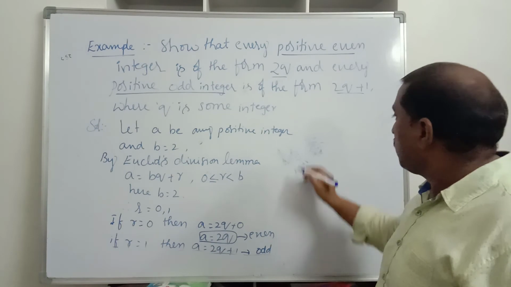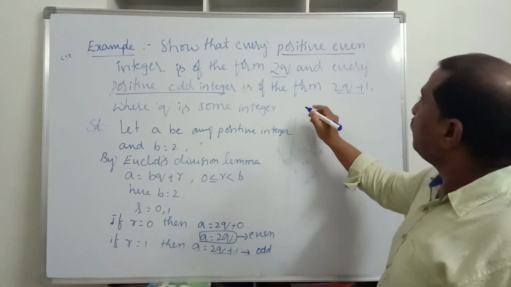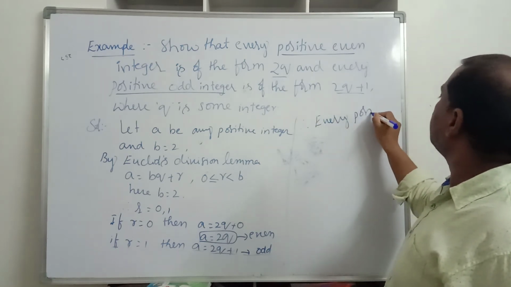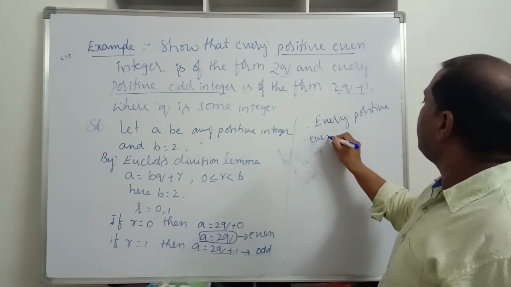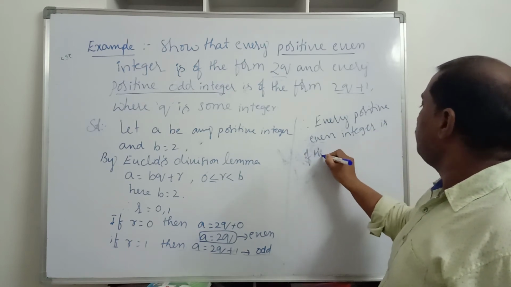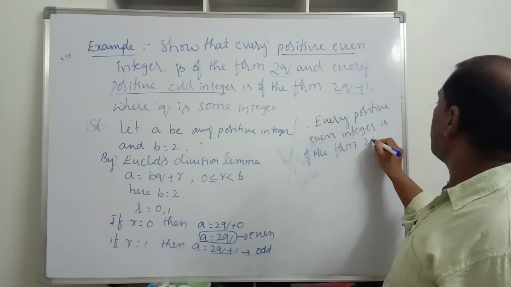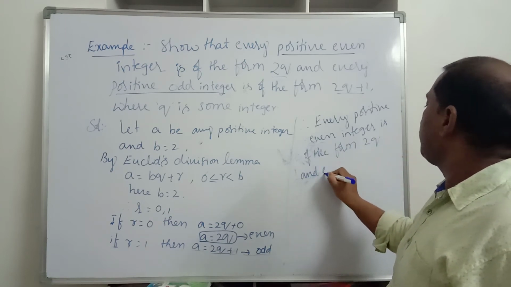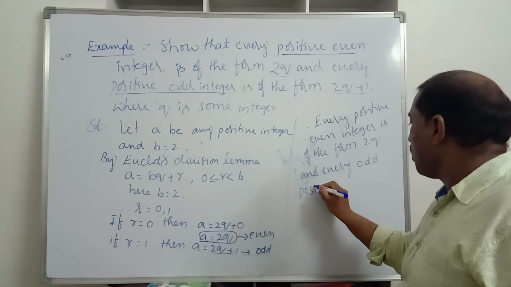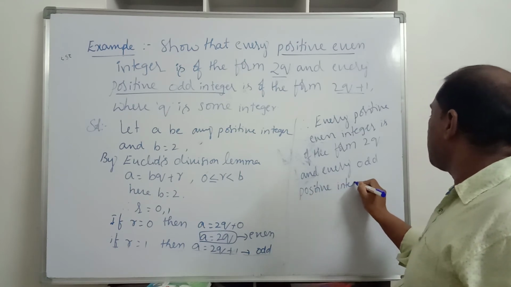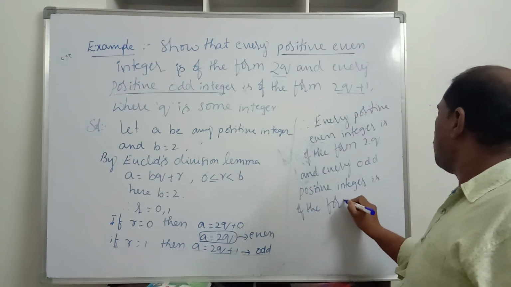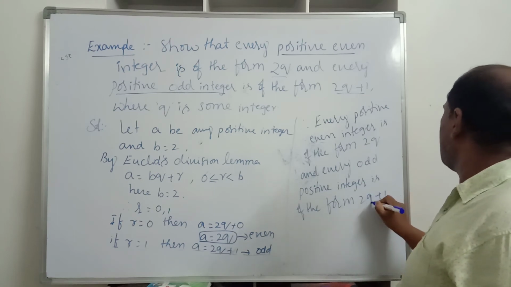So what can we conclude from this? We can conclude that every positive even integer is of the form 2q, and every odd positive integer is of the form 2q plus 1.